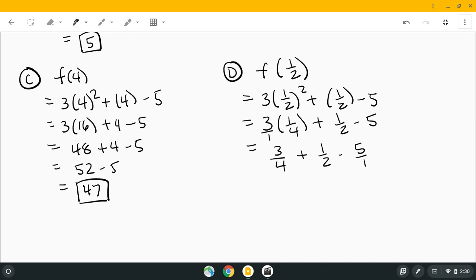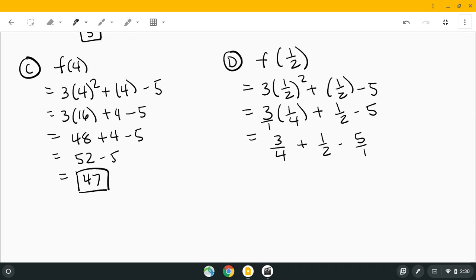Okay? All right, now my LCD between 4, 2, and 1, the LCD is 4. So I need to turn all of those into equivalent fractions with a denominator 4. This one is good. This one will have to be 2 over 4, which is equivalent to 1/2.